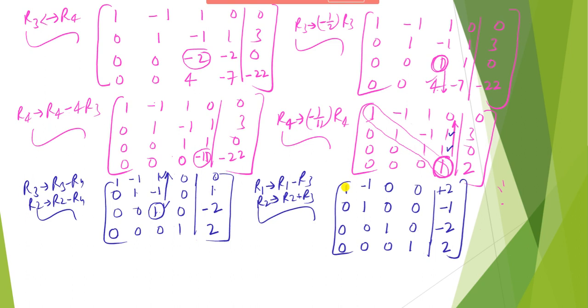So in the second row and the second column, this entry is the key element, and with the help of this key element make the non-zero entry above it 0 by performing a row elementary operation.